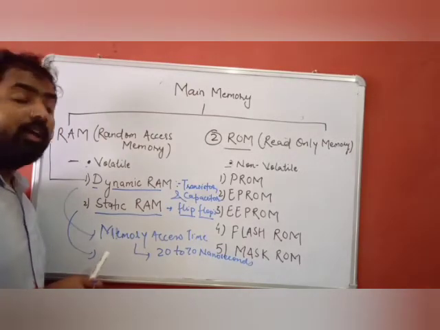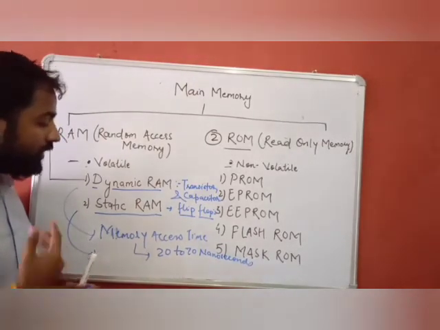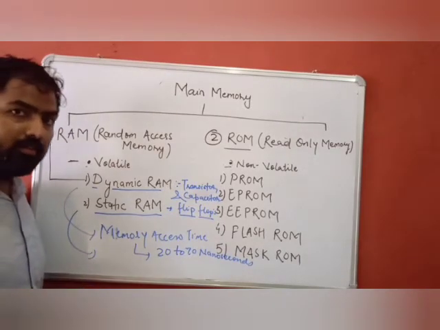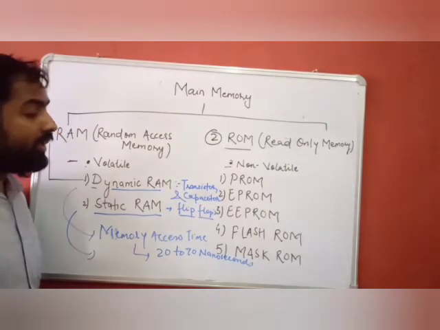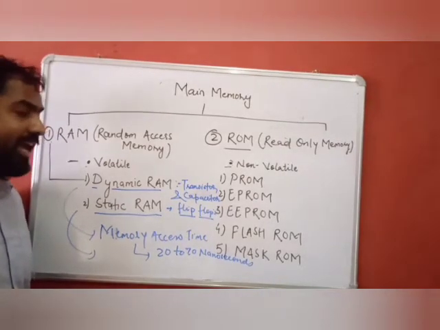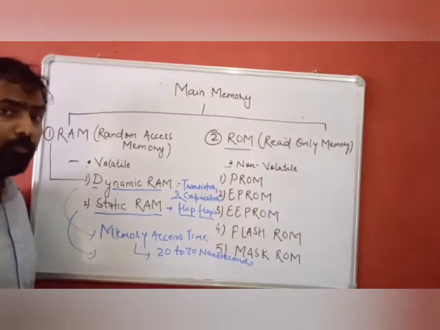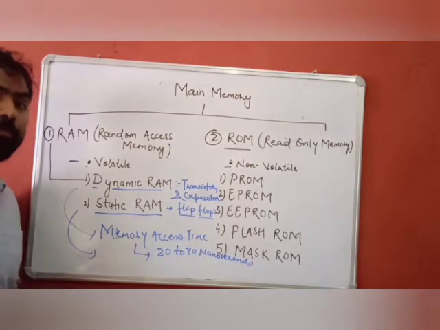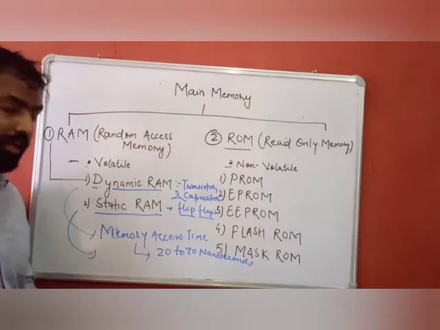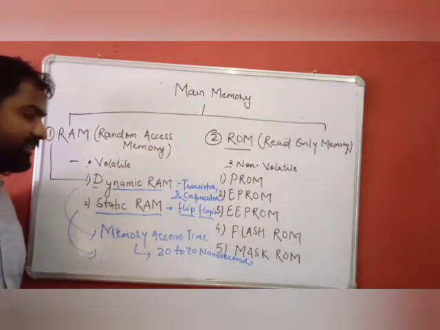So static RAMs are used in specific applications only. In general applications, like in our computer systems, we use dynamic RAM, not static RAM. Static RAMs are used in specific applications like weather forecasting.